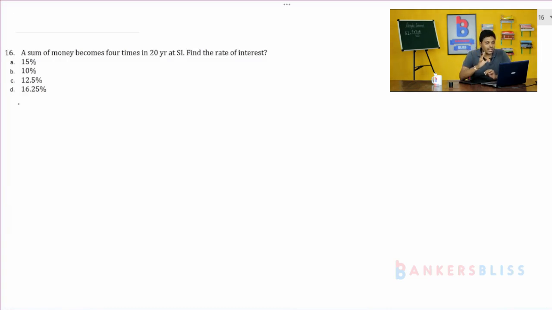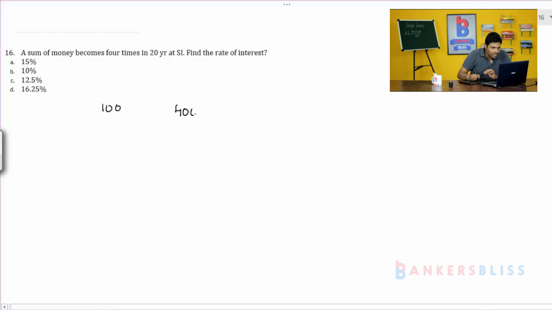So 4 times in 20 years. If you deposit rupees 100, you are going to get back rupees 400 after 20 years. So 100 you are depositing, that is the principal amount. After 20 years you are getting back 400 rupees, that is the total amount.